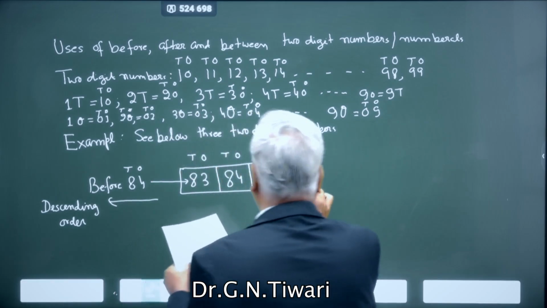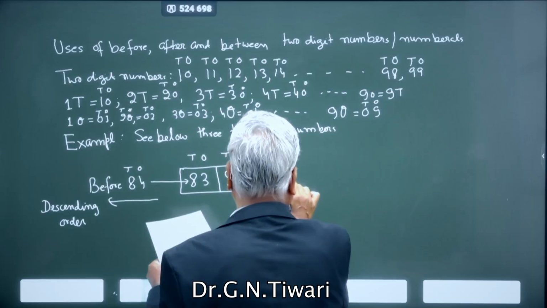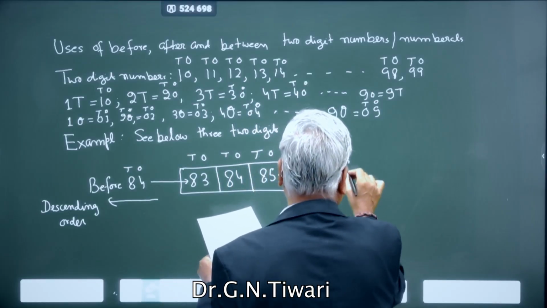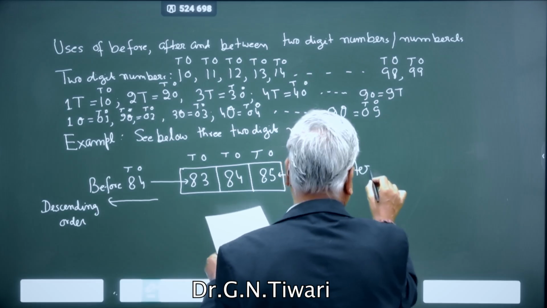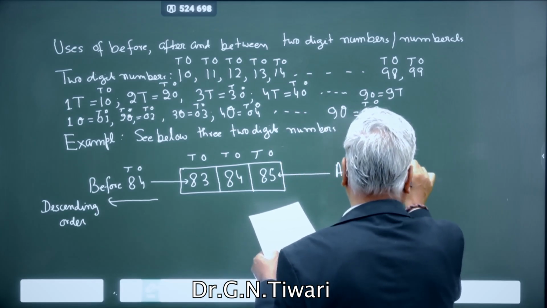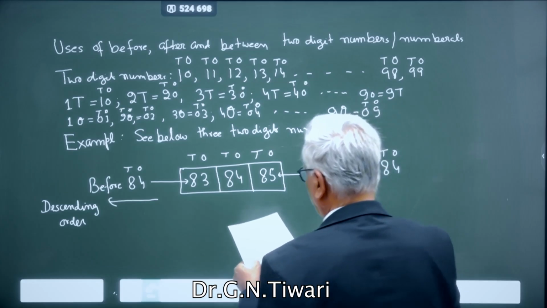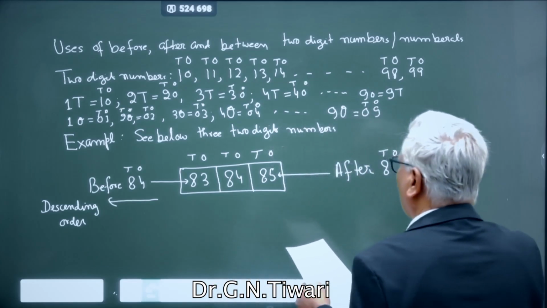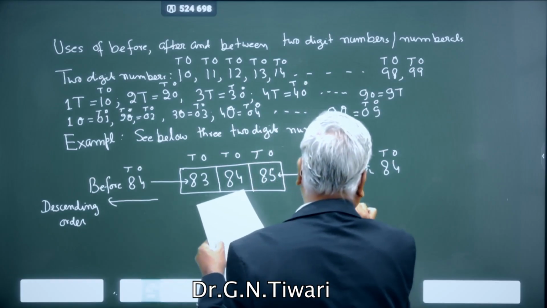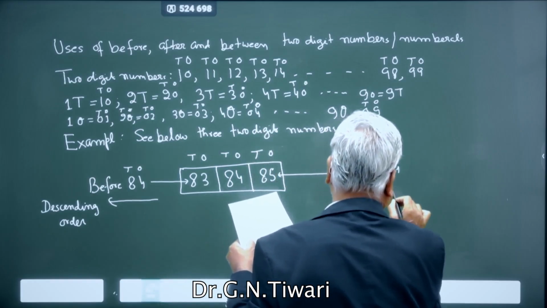Then this 85. 85 is after 84. Now, if you just go from 84 to 85, it is ascending order.